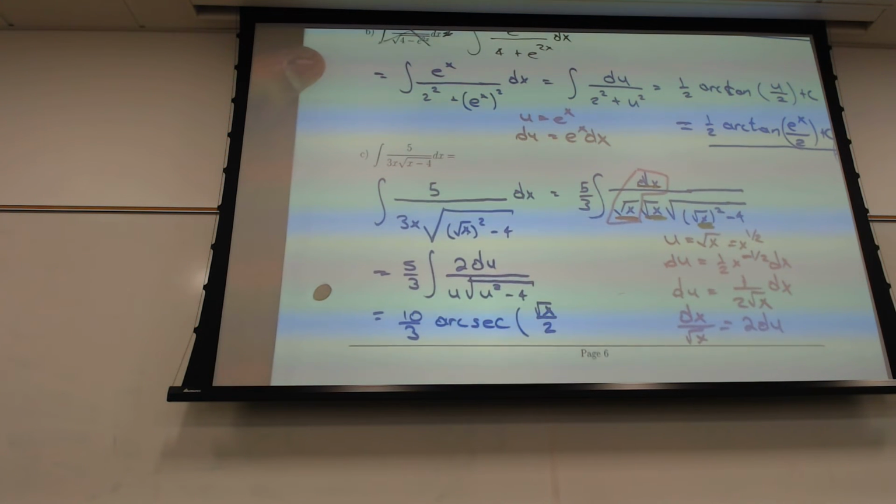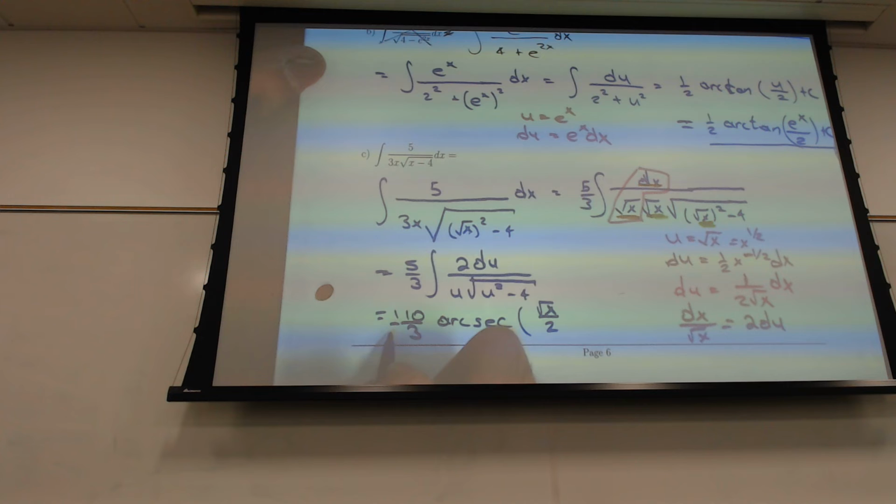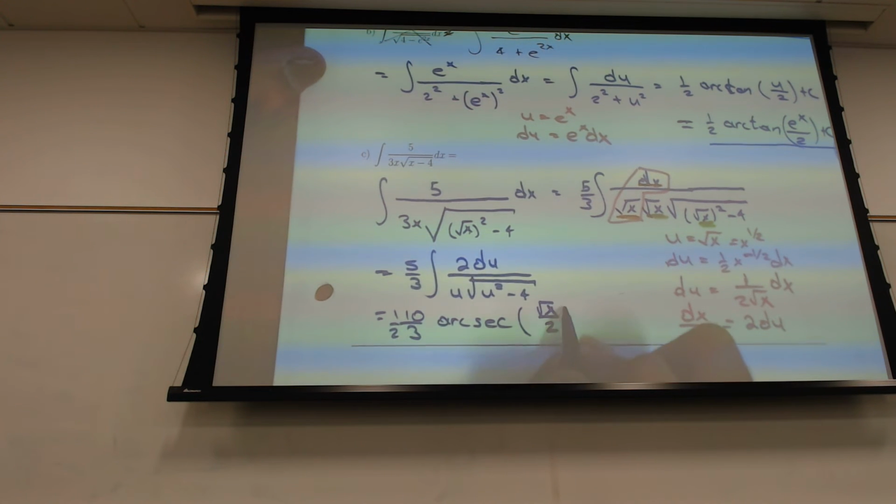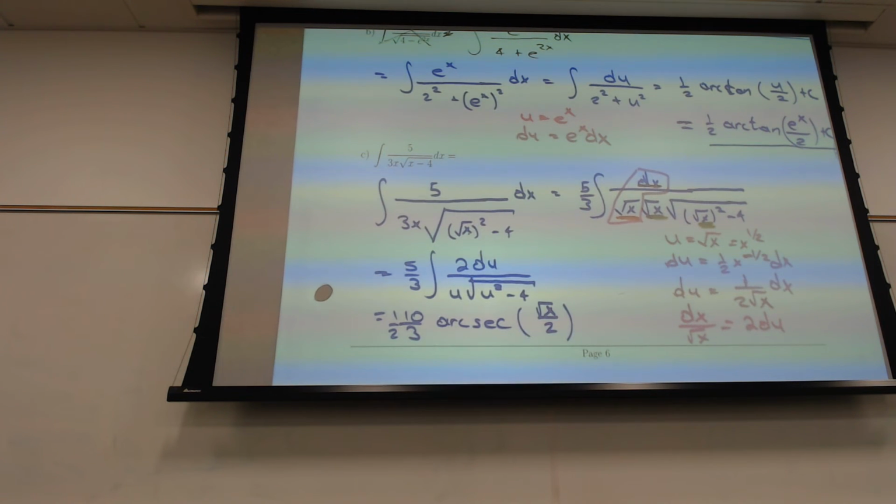But notice in this case we're also missing the 1 over a, that's 1/2. Also, if you compare the argument of the arcsecant function with the top of the page, there's an absolute value that I need to write in there. In this particular case, I'm not going to write it, because think of the square root of x function.